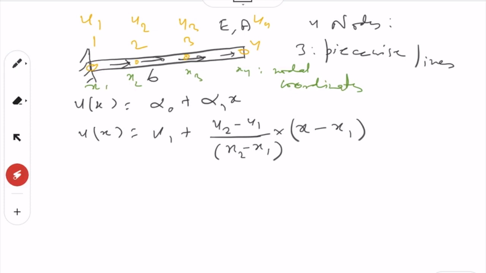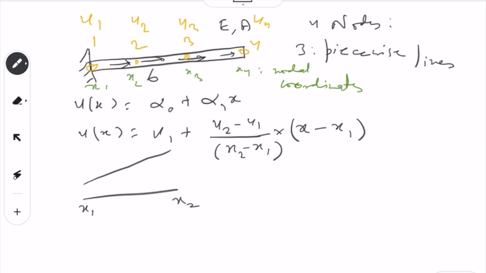If we know u1 here and u2 here, in between it is going to vary linearly, right. Basically between x1 and x2, if this is x1, this is x2, here is u1 and here is u2, in between it varies like this.